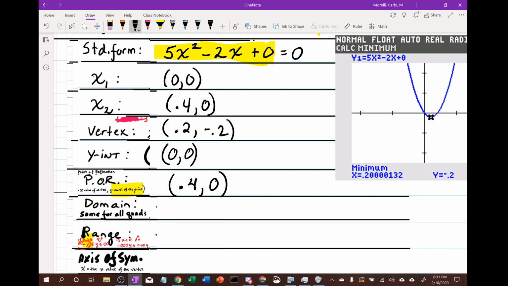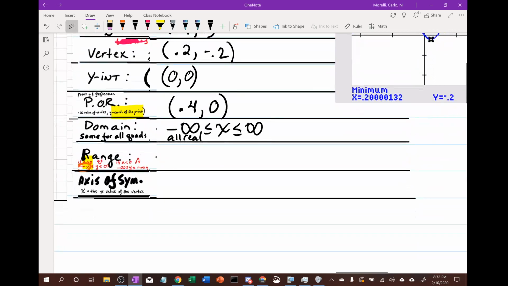What's the domain? Negative infinity less than or equal to x less than or equal to infinity, or all numbers. Correct, or all real numbers. Now onto the range. The base value, the bottom value, the low value, the left side of the range is the y value of the vertex, ladies and gentlemen.